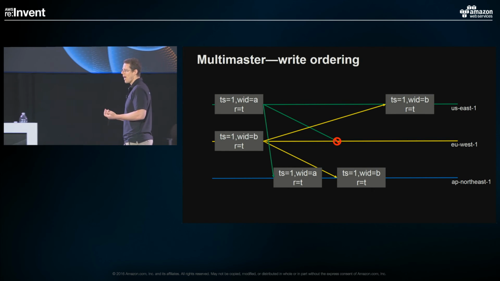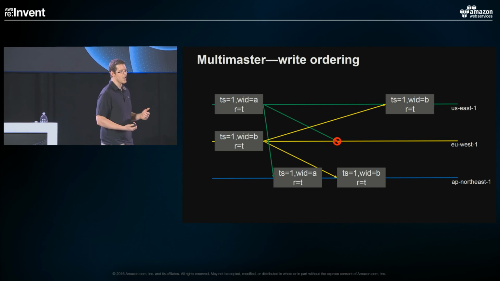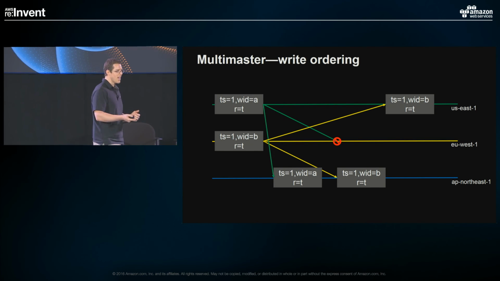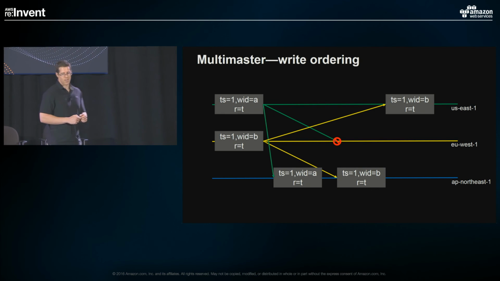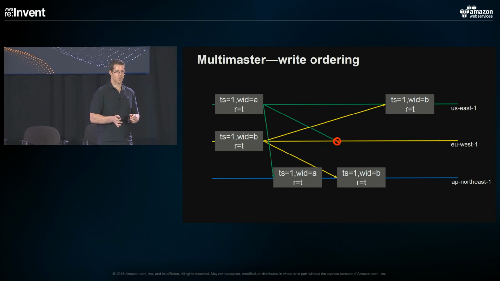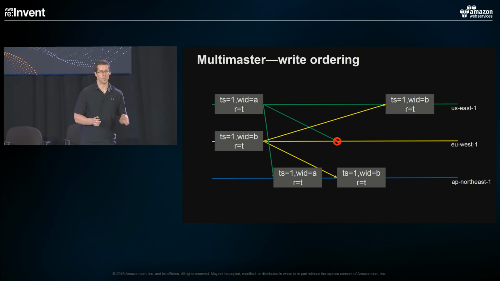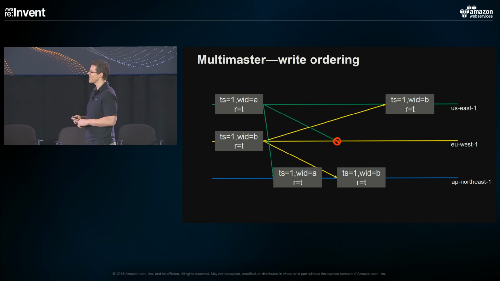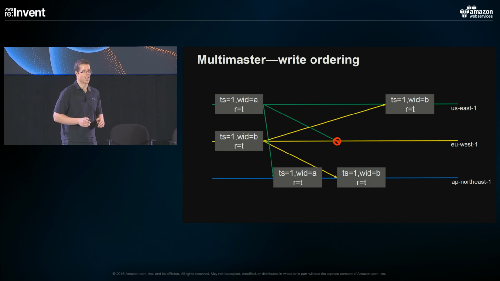And statistically, the write IDs are not going to collide in the lifetime of our universe, so we're going to count on that. In this case, write ID B is alphanumerically greater than A. So it wins everywhere. The final state of the data is write ID B everywhere, which again is good. That's the whole goal of this design.